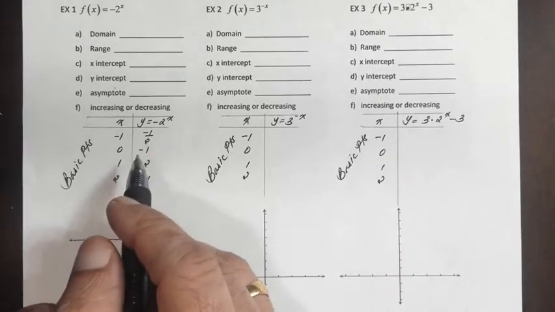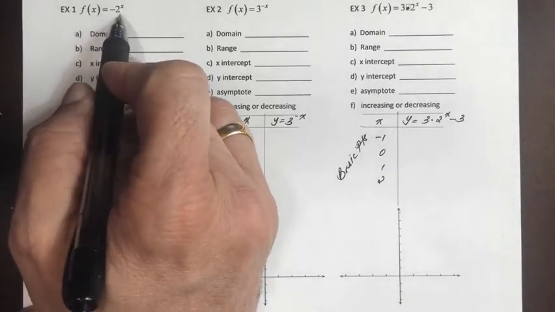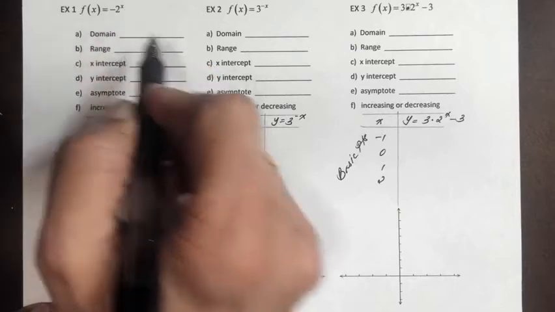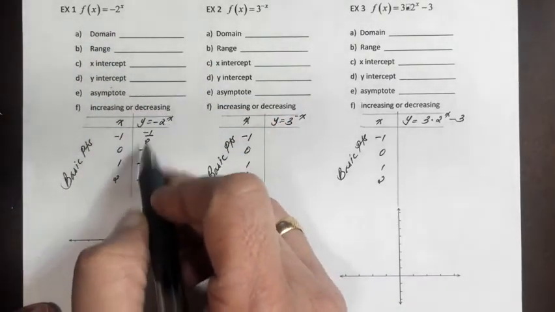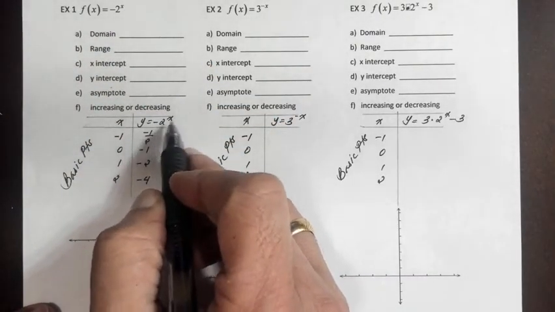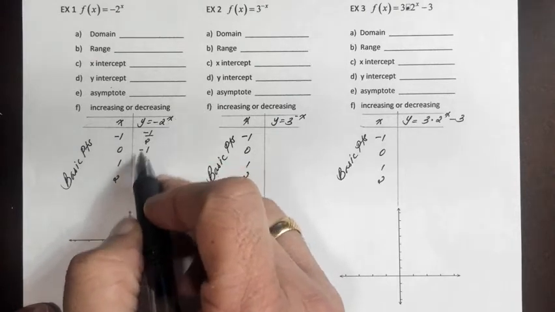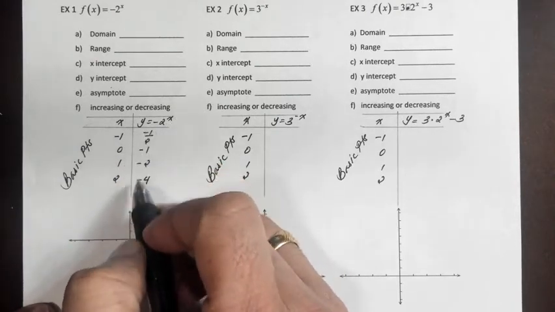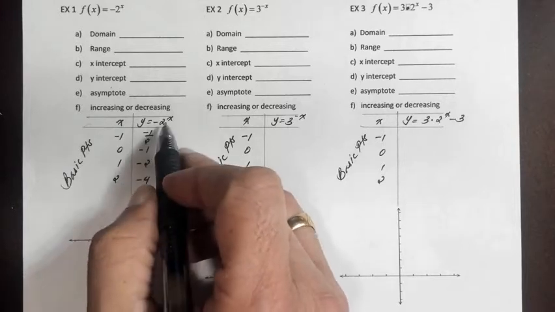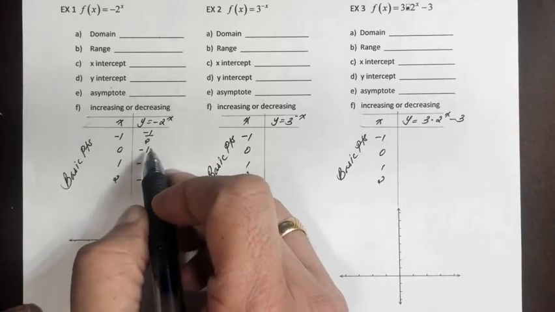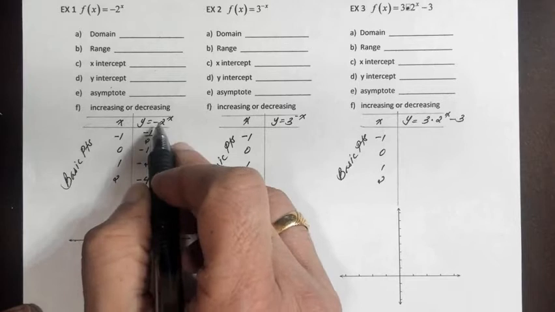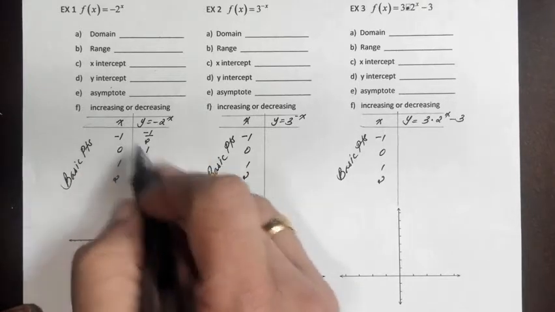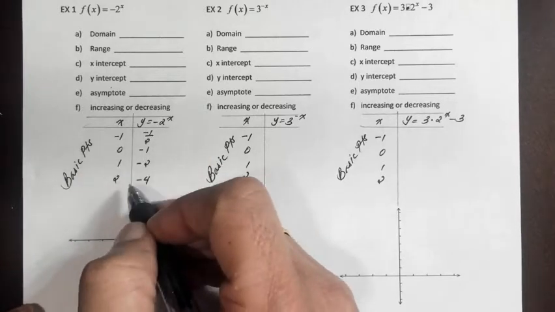Let's look at a few other examples. We have one here: f of x is equal to -2 to the power of x. You can make a table like this, and it is 2 to the power of x with all signs negative. We did this before. It is going to be 1/2, 1, 2, 4. Since it is negative, all these will be negative. So these are the basic parent points right here.